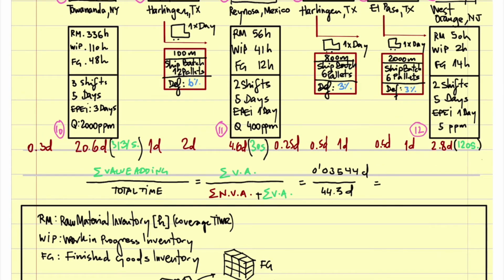So this means that we have a 0.08% ratio value adding versus total.